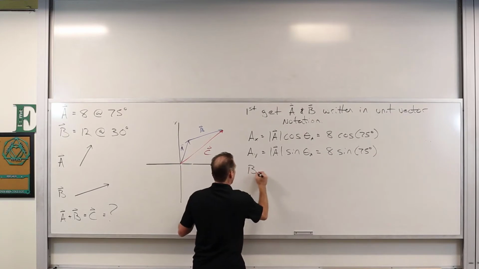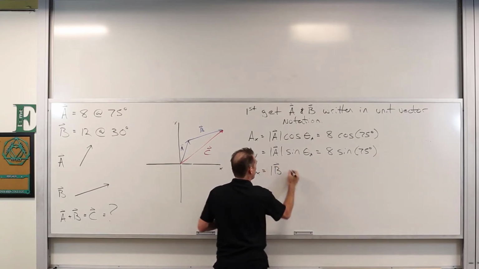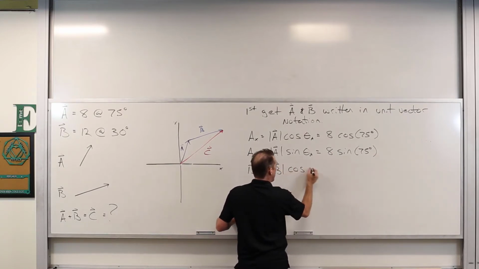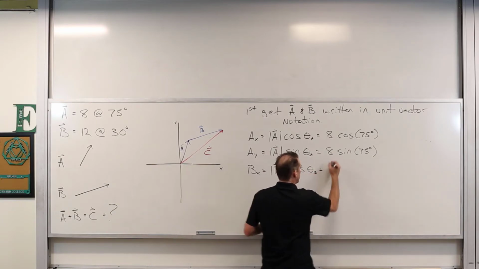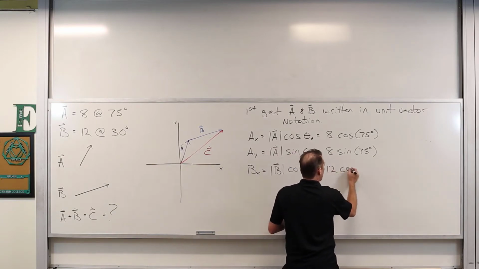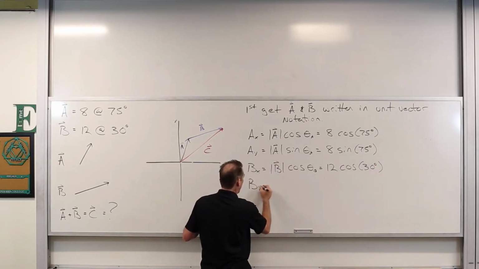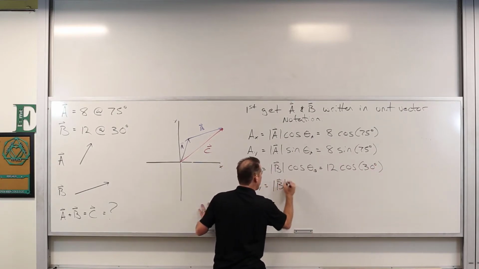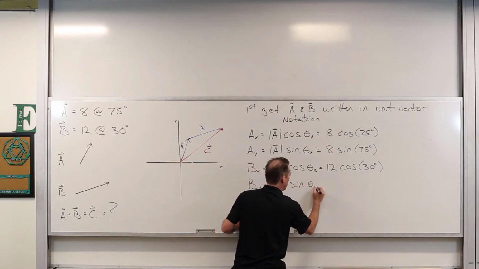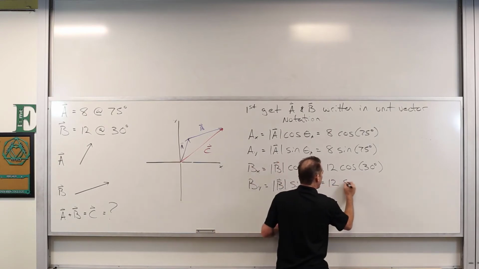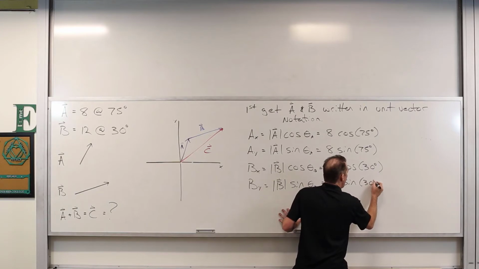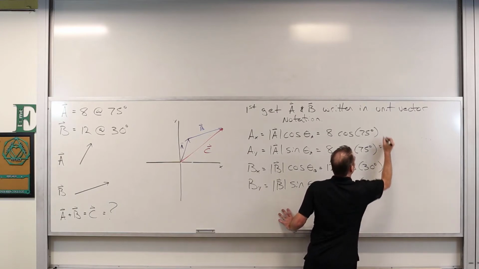We know that B sub x is equal to the magnitude of B times the cosine of theta sub B, which is then 12 times the cosine of 30 degrees, and B sub y is equal to the magnitude of B times the sine of theta sub B, which is then 12 times the sine of 30 degrees.